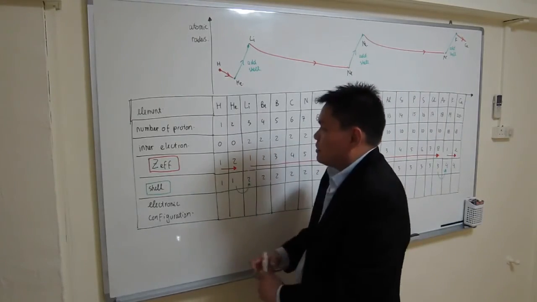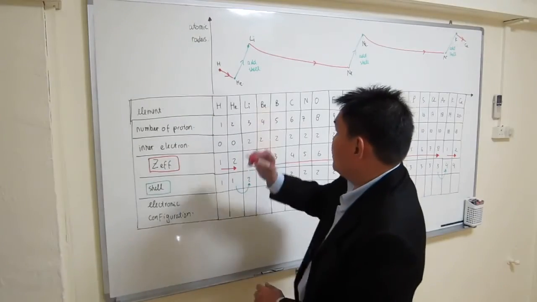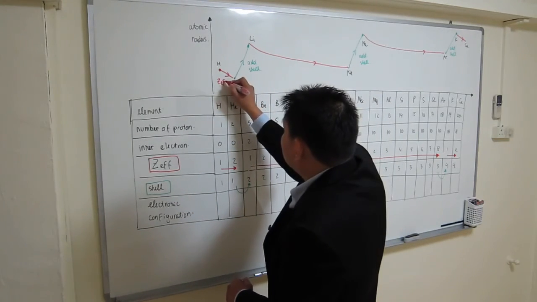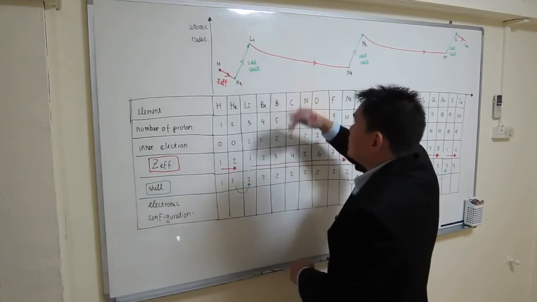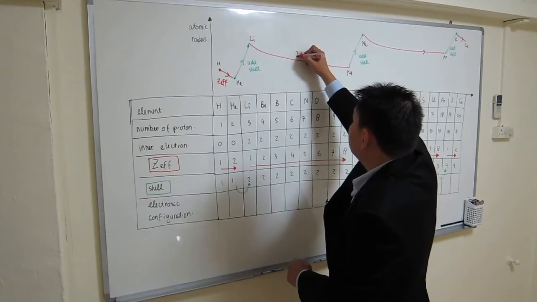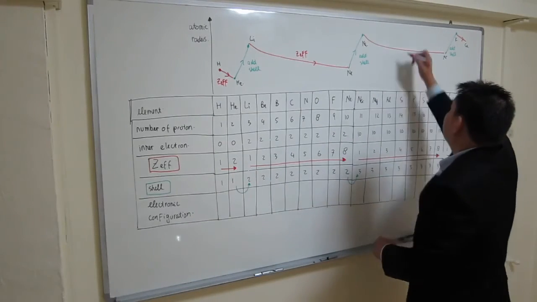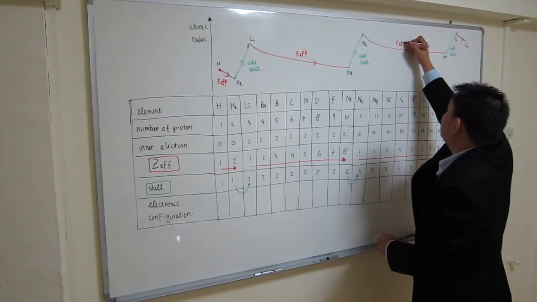And the decrease because of effective nuclear charge, I marked with red color. This is because you have increasing effective nuclear charge, which means decreasing atomic radius. That's the explanation.